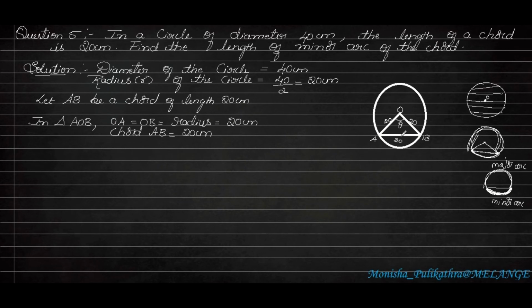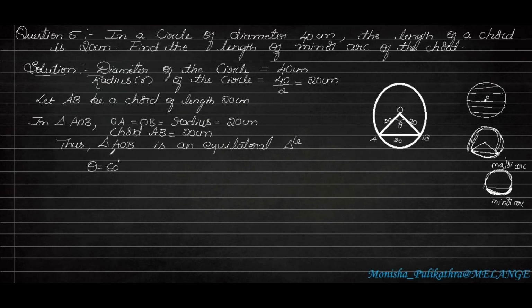Since the radius and chord are all of the same length, all the sides are equal, so triangle AOB will become an equilateral triangle, right? And an equilateral triangle has an angle of 60 degree. So theta is 60 degree.